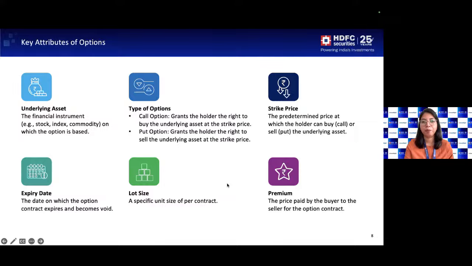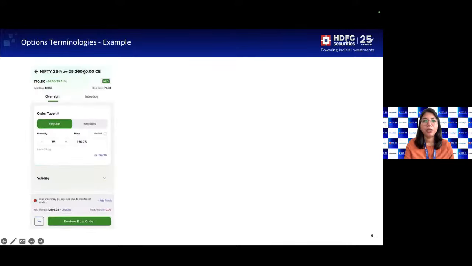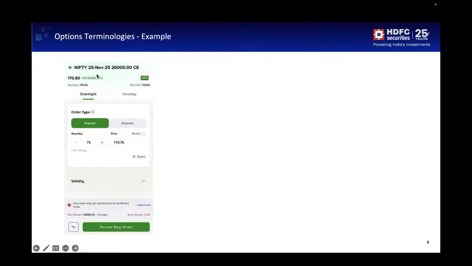When it comes to options trading, now on your screen you can see the example of the 26,000 Nifty call option, right? Here you can see 25th November 25, this is the expiry date. Nifty is the underlying over here. I'm just making you familiar with the terminologies and how it will look on the live screen. 26,000 is the strike price and C or P is the type of option we are trading.